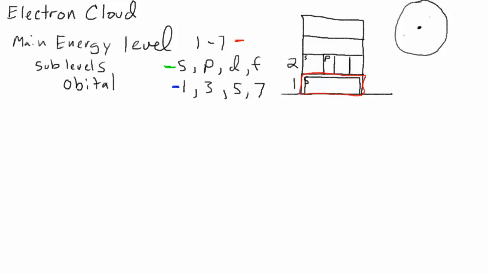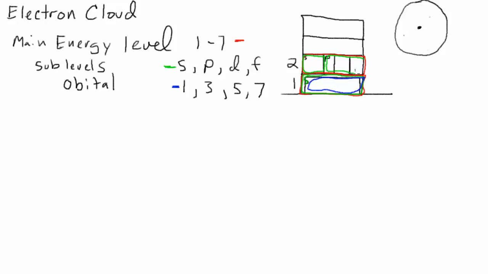So in the first main energy level, there's one sublevel, which is sublevel S. And inside of sublevel S, there's only one S orbital. So there's just one room inside there. But on the second main energy level, there are 2 sublevels, the S sublevel and the P sublevel.